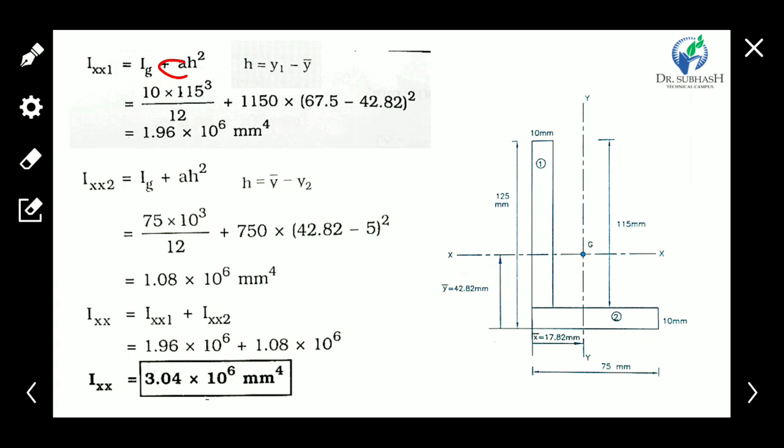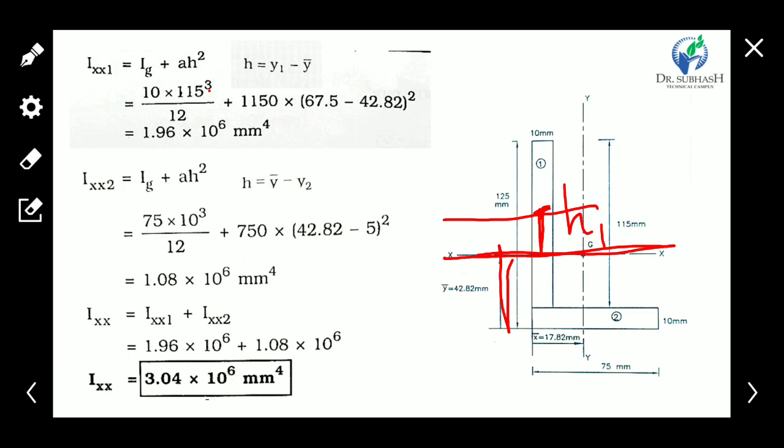Now area is 115 into 10, 1150. Now h we have to find out. The CG of this first element is here and the x-axis is here, so this distance we have to find. We define it as h1.